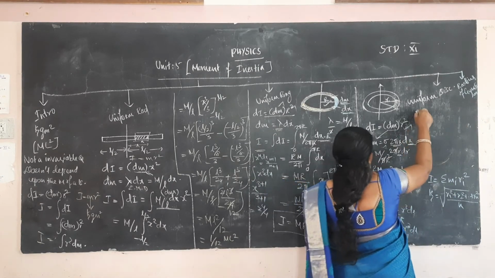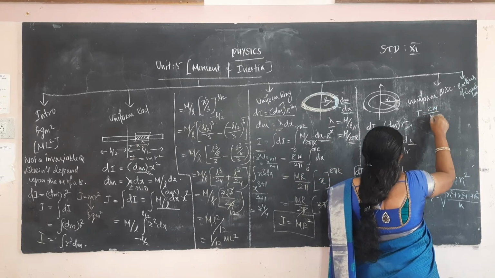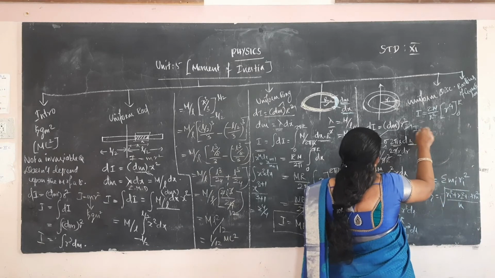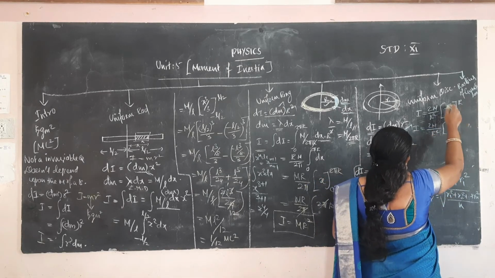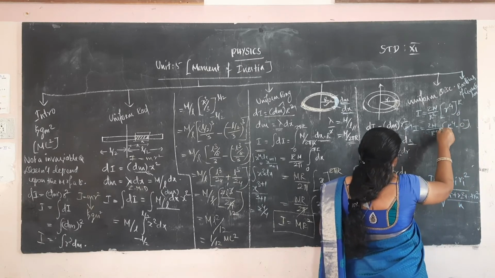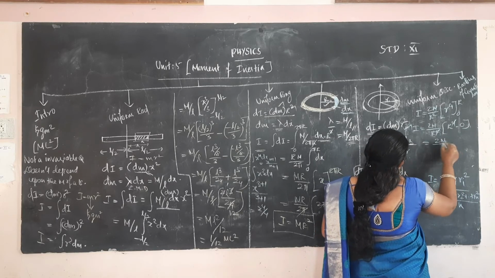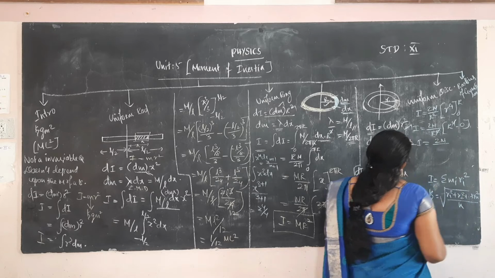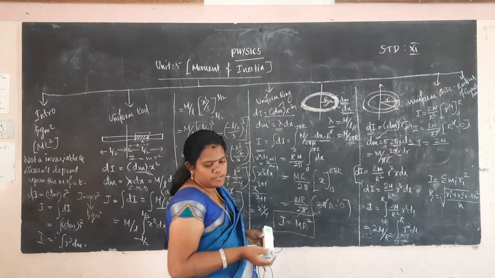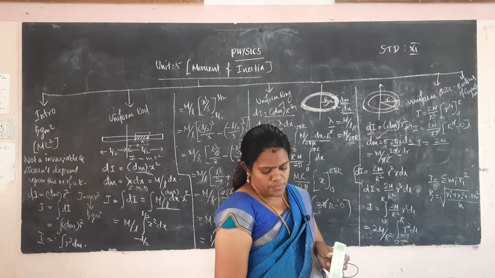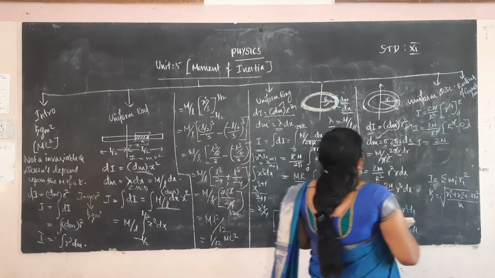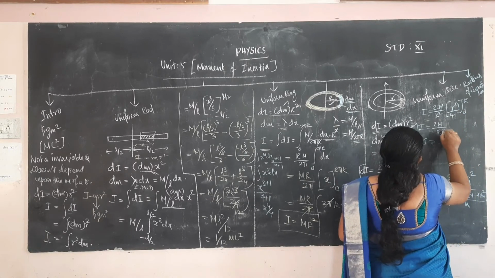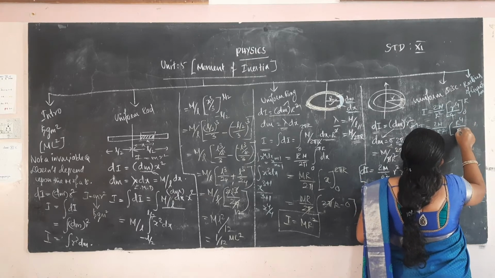Substituting that value, I is equal to 2m by R square times the integral of r cube, which is r power 4 by 4, with limits 0 to R. Then I is equal to 2m by R square into R power 4 by 4 minus 0.